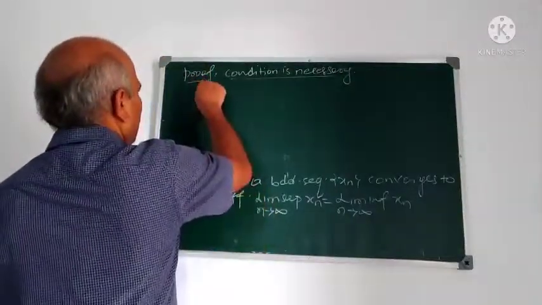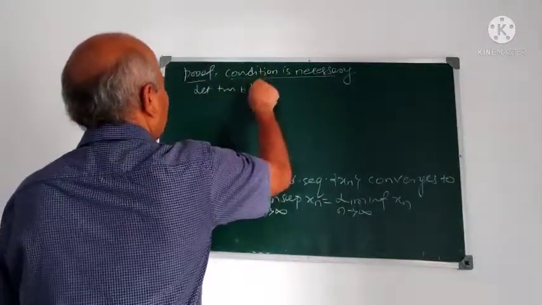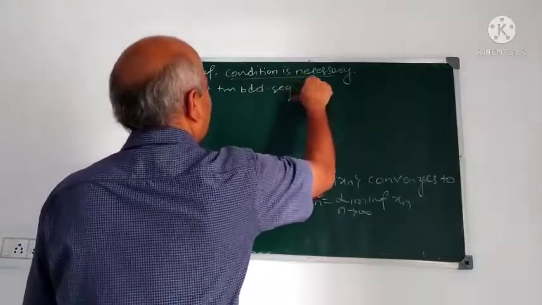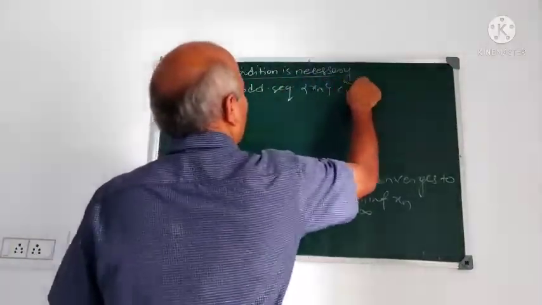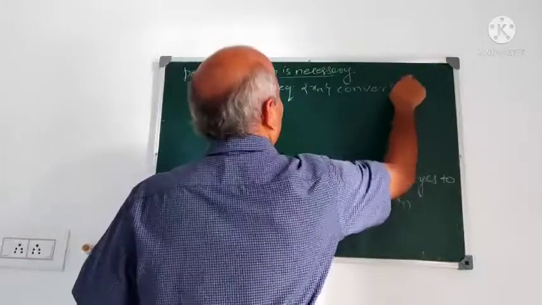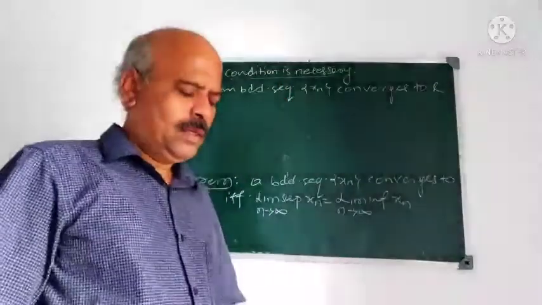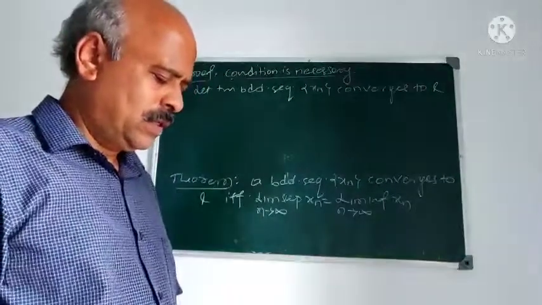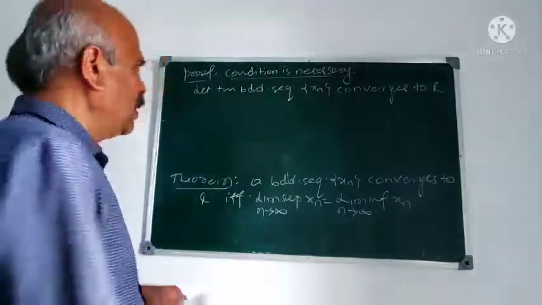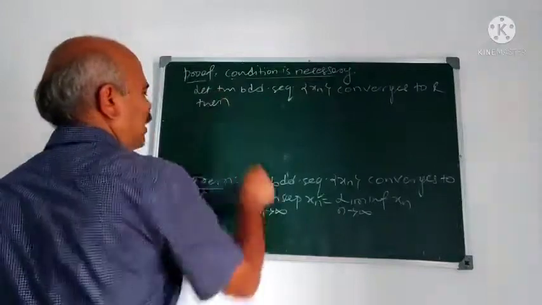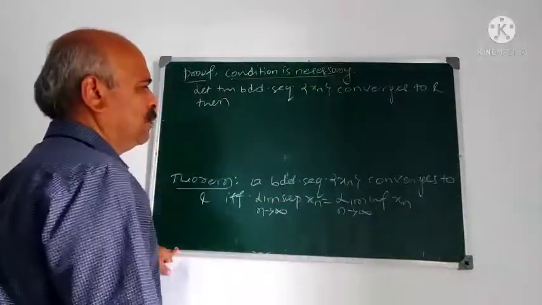Let the bounded sequence xn converge to L. Then we have to prove that limit superior is equal to limit inferior.